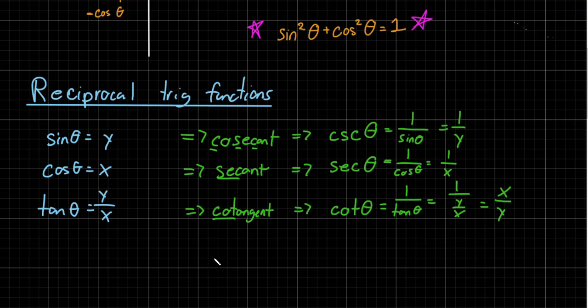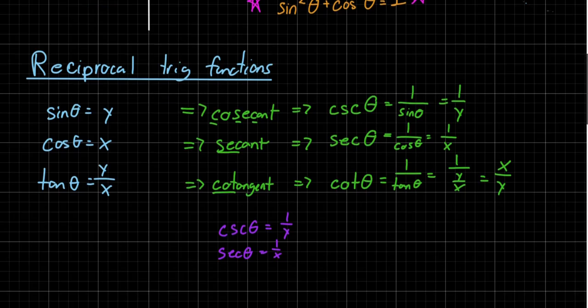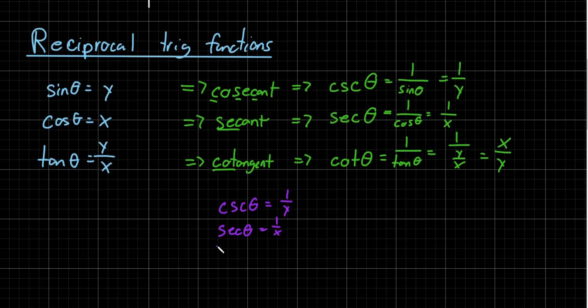Yep, exactly. So, cosecant, I'm just going to write it again so it looks a little bit nicer. Cosecant of theta equals 1 over y. Secant of theta equals 1 over x. And then cotangent of theta equals x over y.